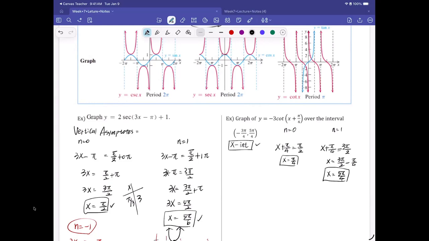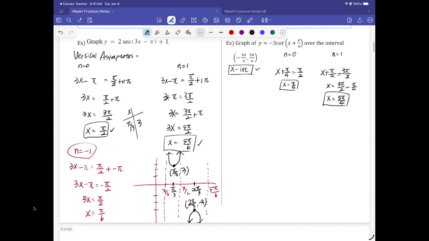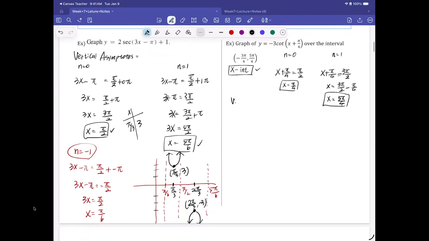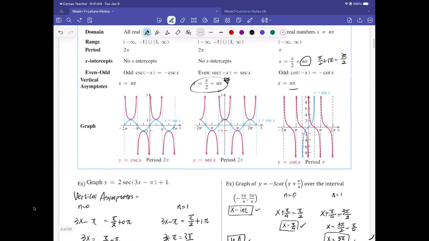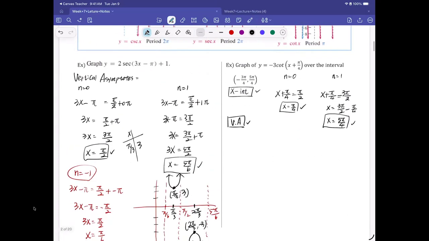Find the x-intercept and then the vertical asymptote, then you can do the graph. Okay? So let's find the vertical asymptote, VA. It's pretty easy, very simple. When n is 0, x plus pi over 4 is equal to 0. And when n is 1, it is pi. 1 times pi is pi.